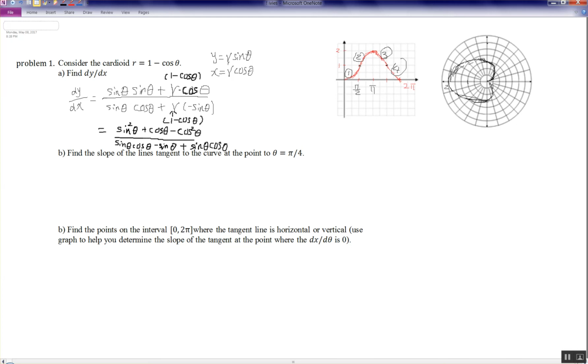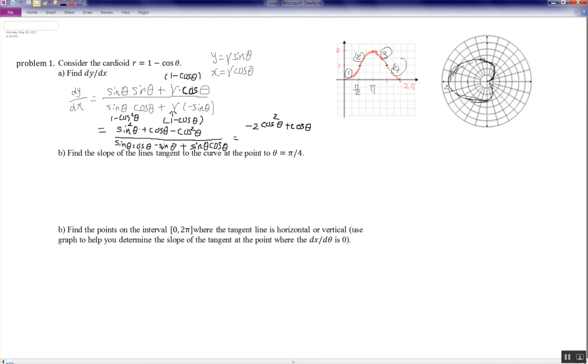Now let's continue to simplify. If you recall, sine theta squared is equal to 1 minus cosine theta squared, so I want to keep that in mind. So this is 1 minus cosine theta squared, plus cosine theta minus cosine theta squared, which means I have negative 2 cosine theta squared, and then I still have another plus cosine theta.